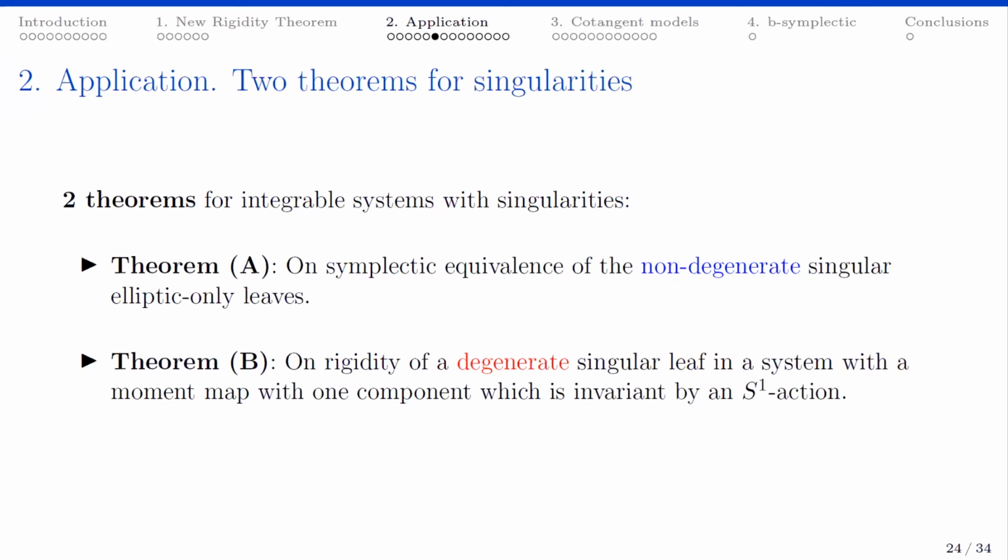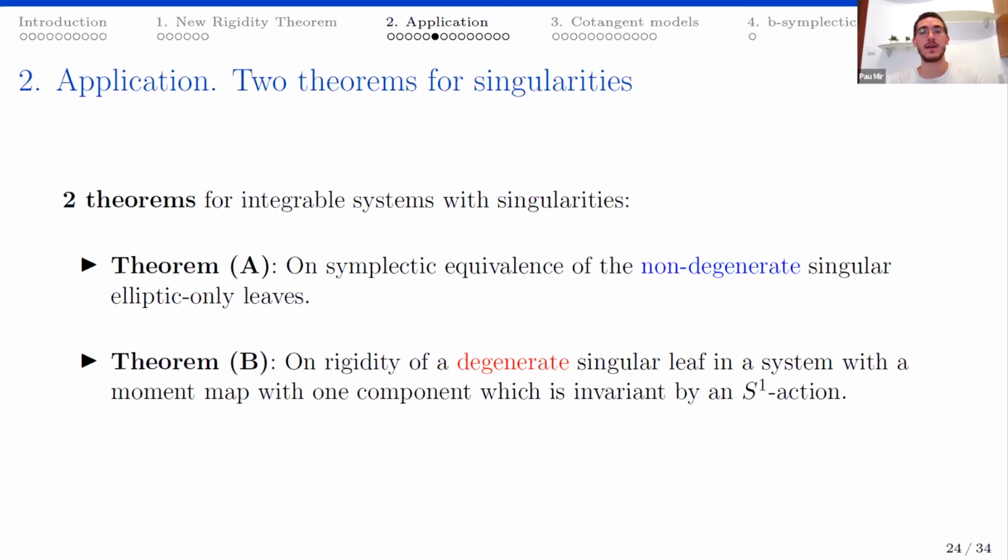So, since we have only a couple of minutes left, we will skip the proof of the theorems, but I want to put the focus on Theorem B, which in fact is the most interesting one because it can be applied to systems which have degenerate singularities.